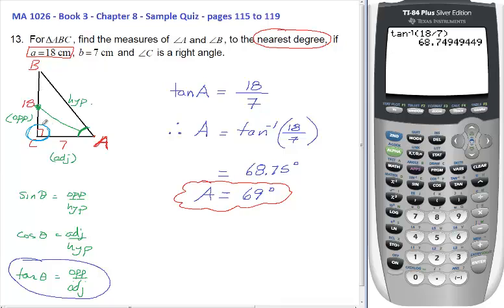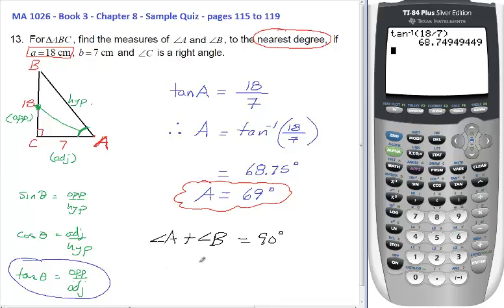If C is 90 and all three add up to 180, that means angle A plus angle B must add up to 90 degrees.